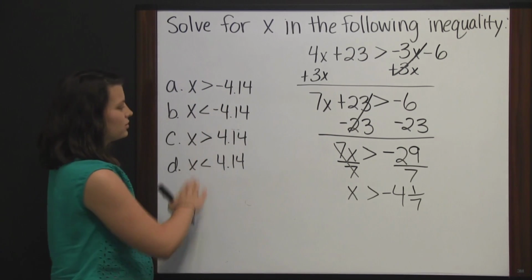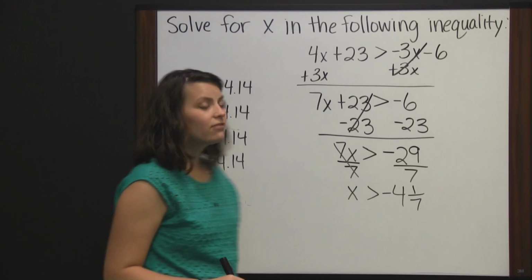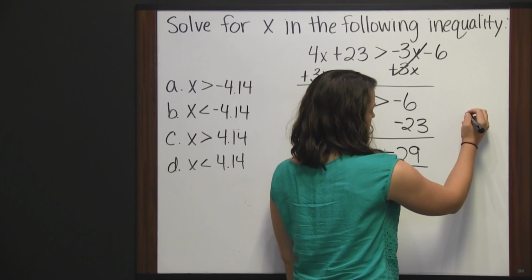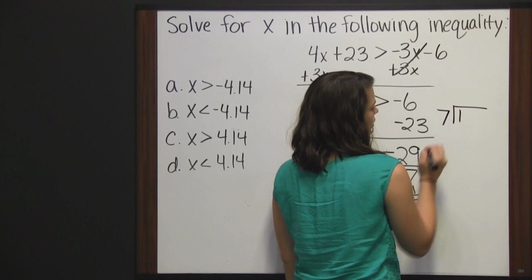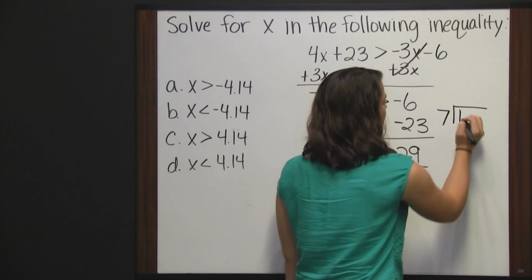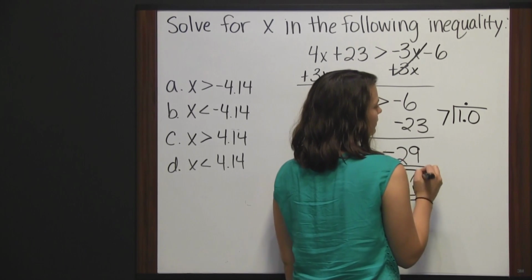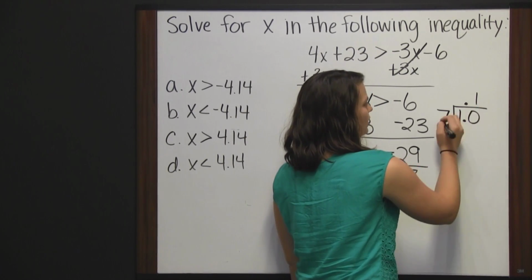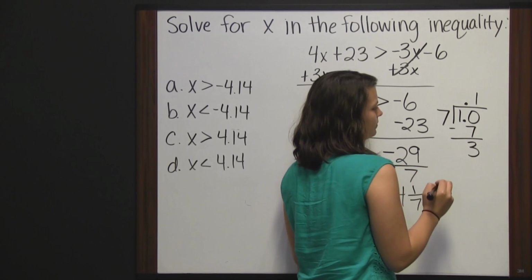Now if we look at the answers, you'll see that all the answers are in decimal form. And we can find out what 1/7 is as a decimal by dividing. So 7 doesn't go into 1, so we'll have to put a decimal here, which means bring a decimal to the top and add a 0 to it. 7 does go into 10 one time. 7 times 1 is 7. We subtract and we get 3.